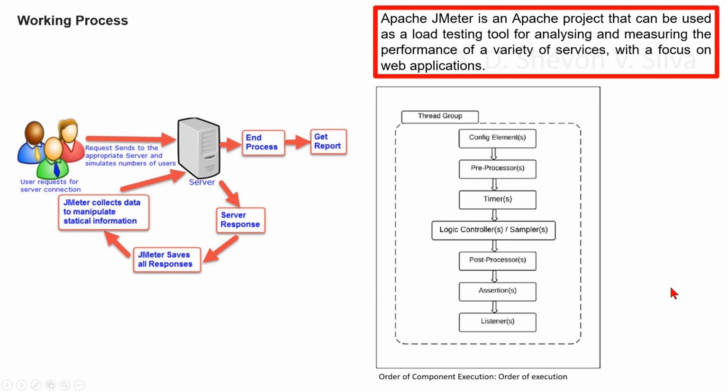Within a thread group, the order of execution of the components follows the order shown in this figure. Even if a listener component is placed as the first element in the thread group, it will be executed after samplers and post processors.